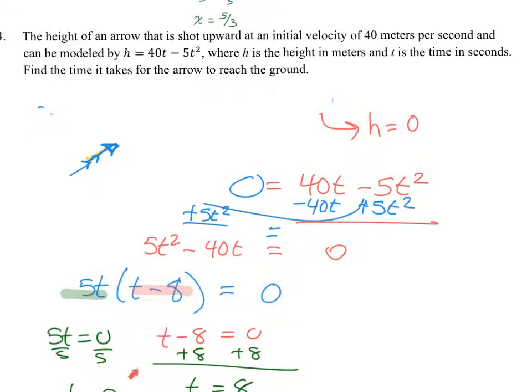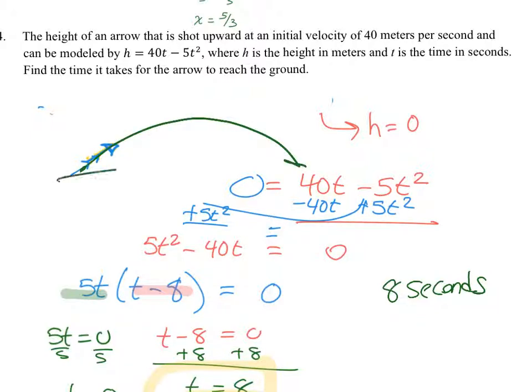So it never went anywhere. So the answer is going to be the reasonable one, which is 8 seconds. In 8 seconds after it is launched, it will hit the ground. That means that the projectile was launched, went up, and then hit the ground in 8 seconds.